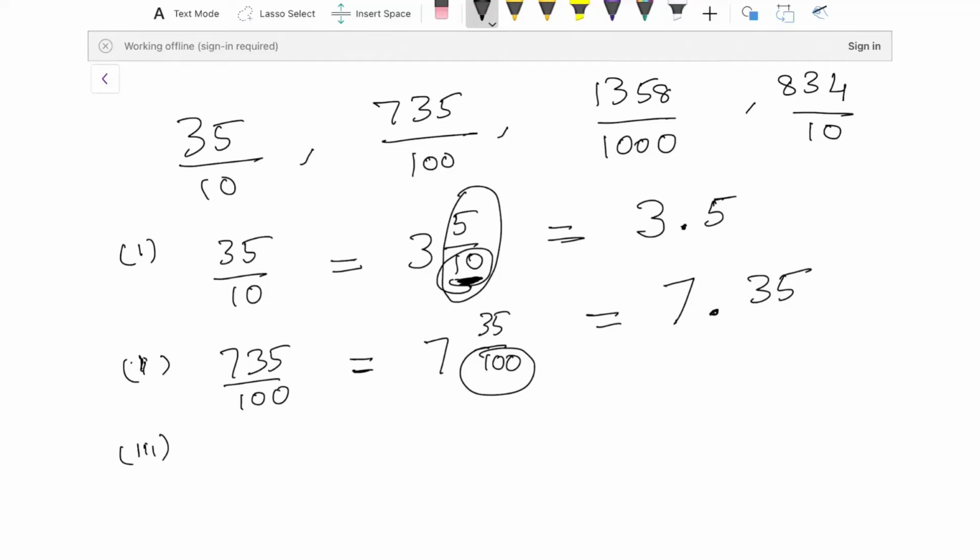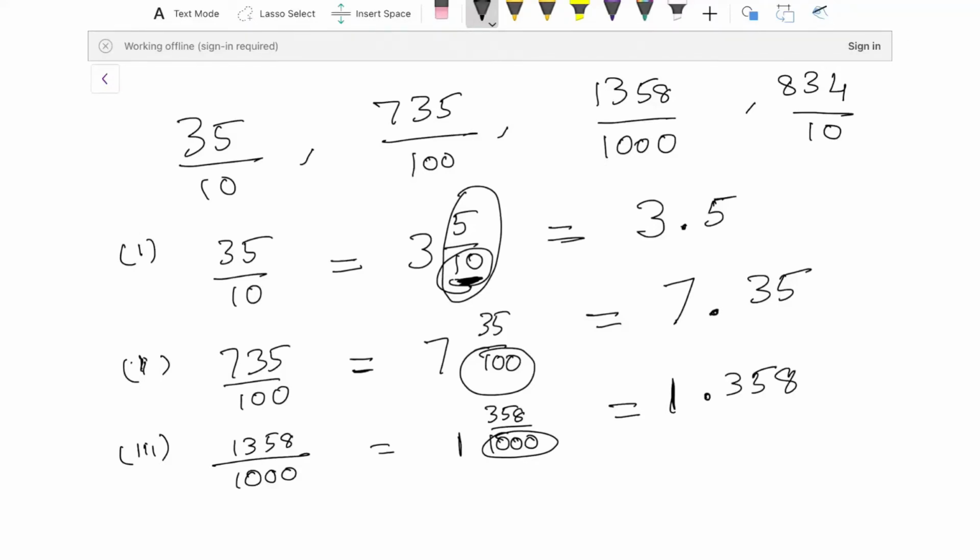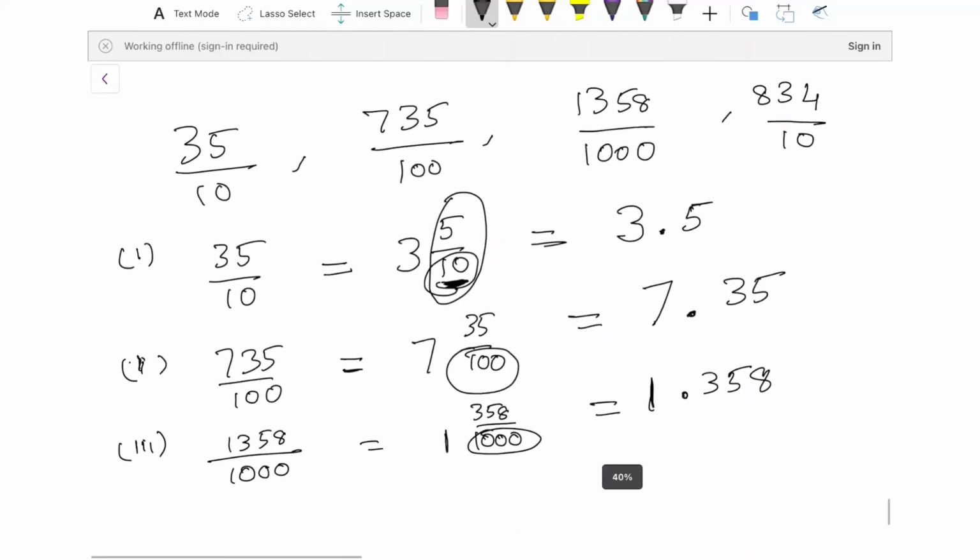The third one, 1358 by 1000 can be written as 1 and 358 by 1000. So 1 is your whole number part, point, how many decimal places? 3, because we have 1000 here. 358. Excellent.